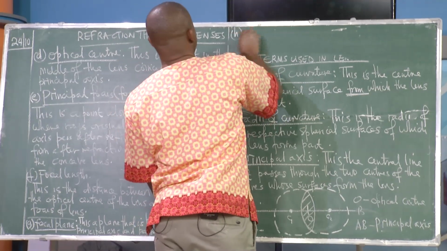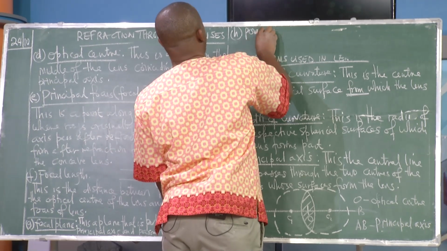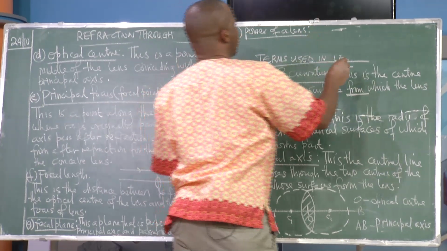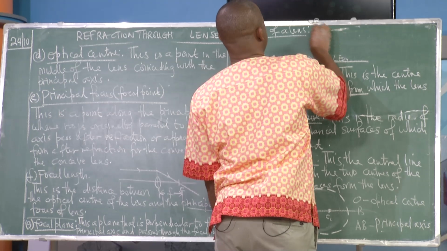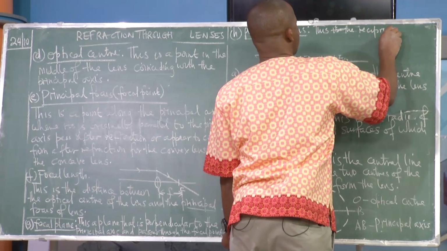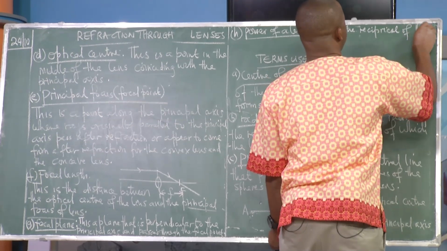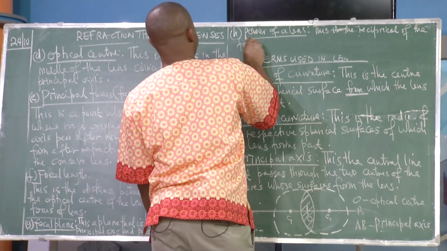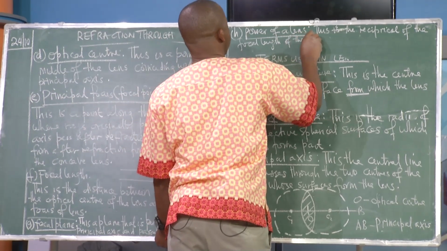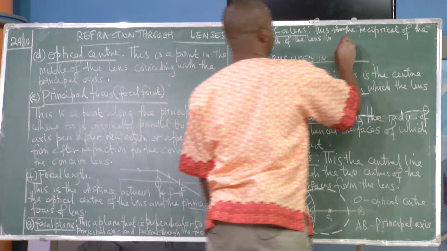The last term on the terms that we can look at is the power of a lens. This can be defined as the reciprocal of the focal length of the lens in meters.